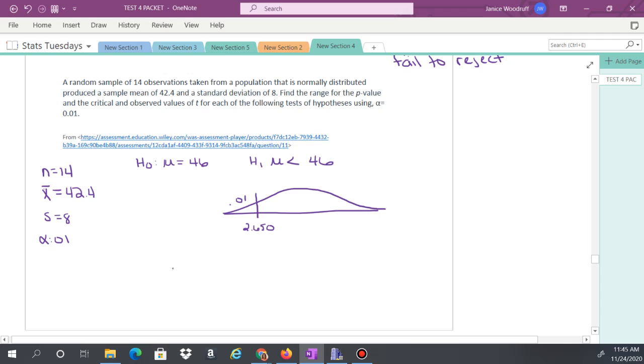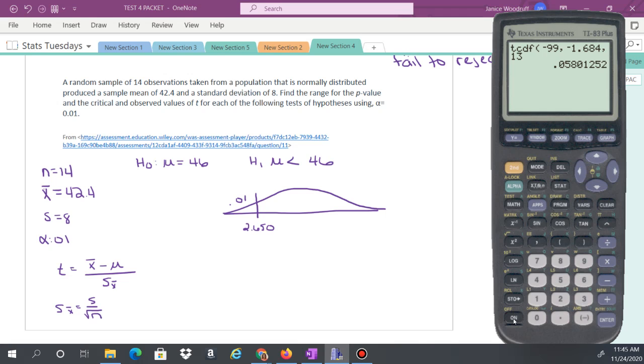Then you want the observed value. So you're going to do t equals x bar minus the mean over the standard deviation of x bar. Remember, the standard deviation of x bar is the standard deviation of the sample over the square root of the sample size. So that is 8 over the square root of 14, which is going to be 2.1381.